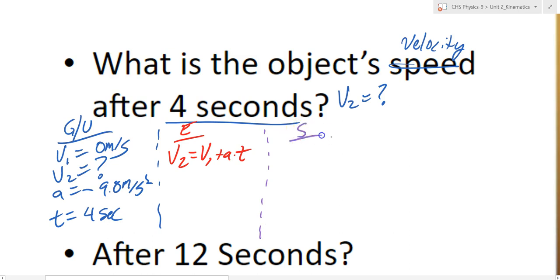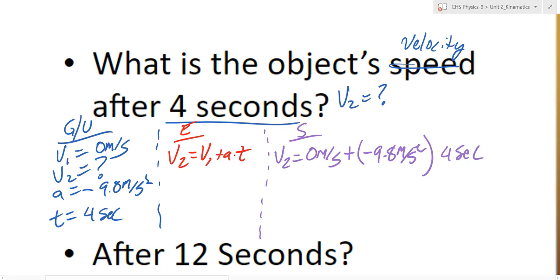Now we substitute. v2 is still in there. v1 is the 0 meters per second, plus our acceleration, which is the negative 9.8 meters per second squared, and then the time would just be the 4 seconds. Now what happens here is the seconds cross out the squared, so I'm just left with meters per second.